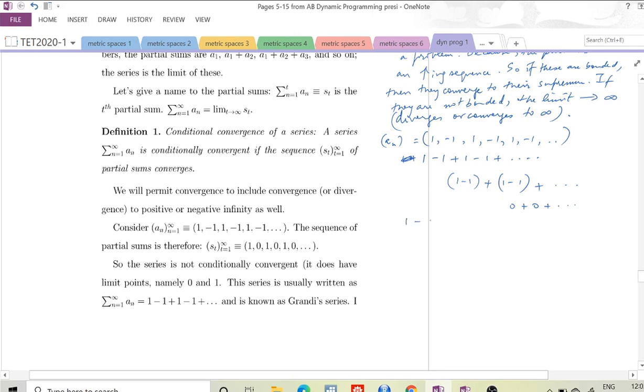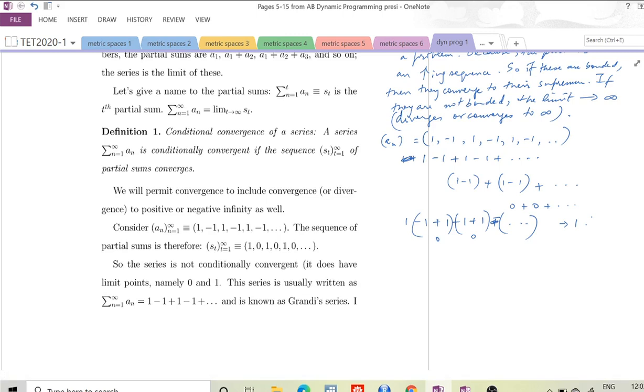Alternatively, if you use brackets like this, then these are zeros and this goes to 1. So to circumvent these kinds of problems where I can't just put brackets as I like if the sum is infinite, right?